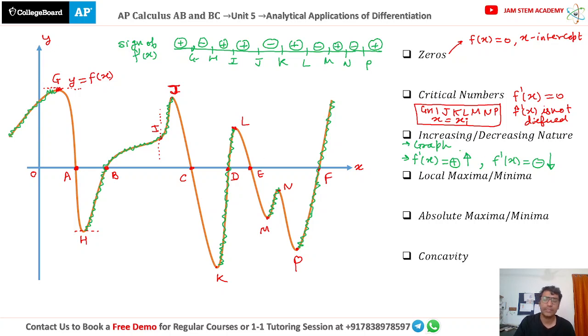Okay, so in this way you can find the increasing or decreasing nature if the graph is not allowed, by finding the derivative. Derivative positive, function is increasing in nature. Derivative negative, function is decreasing in nature.